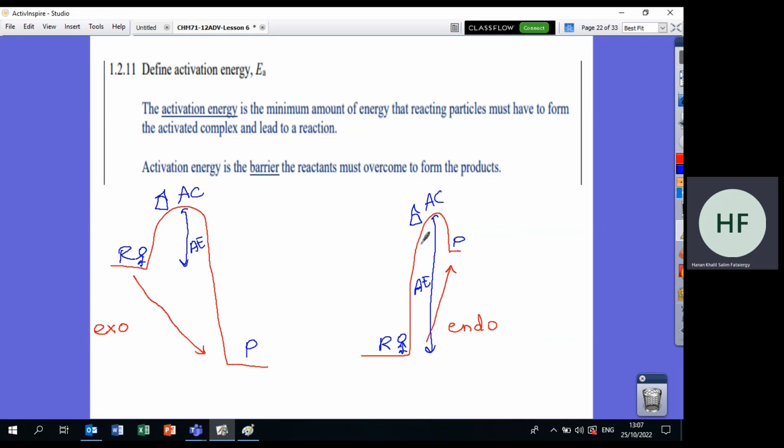If it was in this way or in here? Of course here. Here you will reach your house faster, because you will approach within less time, and here you need more time to reach your house, so this is slower. So the reaction is faster whenever the AE is small, and the reaction is slower whenever the AE is large.